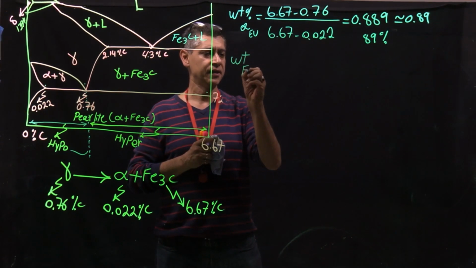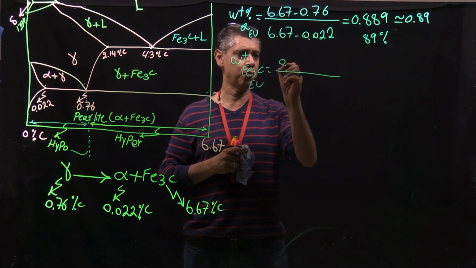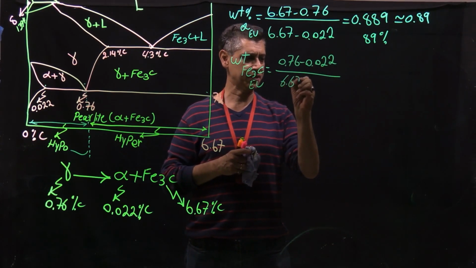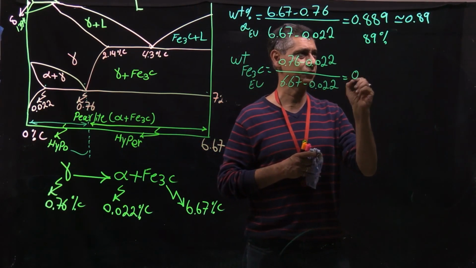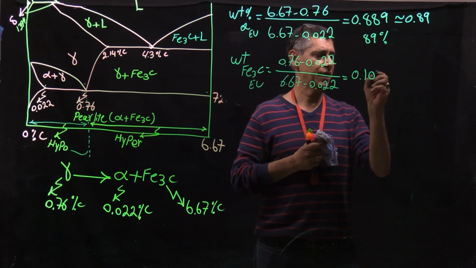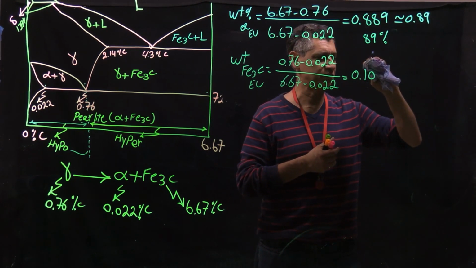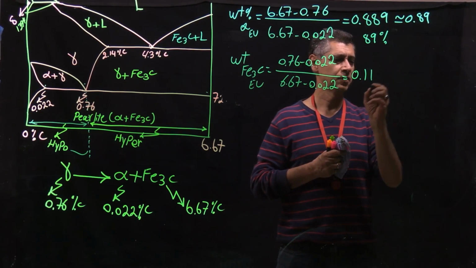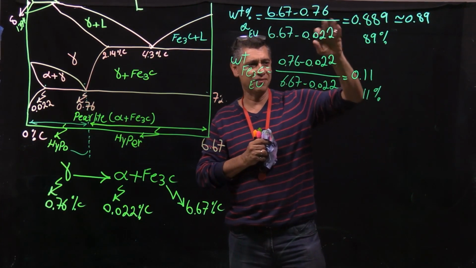The amount of cementite in the eutectoid is equal to 0.76 minus 0.022 divided by 6.67 minus 0.022, and this value is roughly 0.11, or roughly 11%.